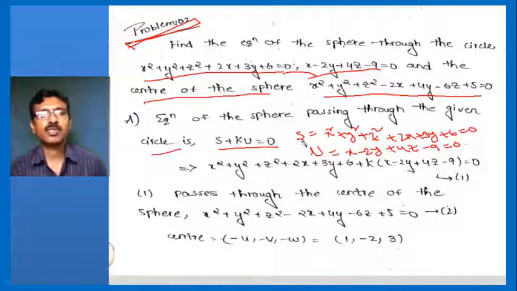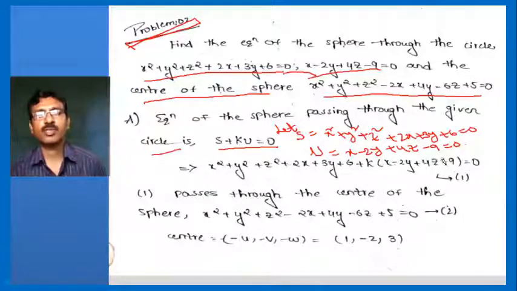So substitute these equations in S plus k U equal to 0. We have x square plus y square plus z square plus 2x plus 3y plus 6 plus k into x minus 2y plus 4z minus 9 equal to 0.